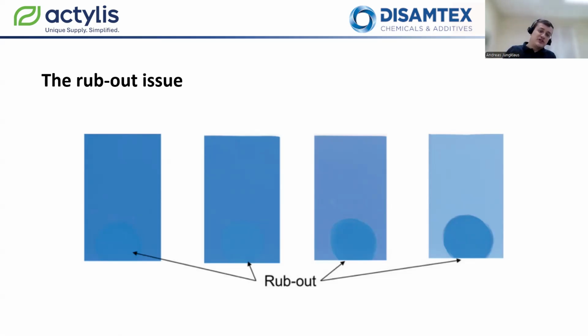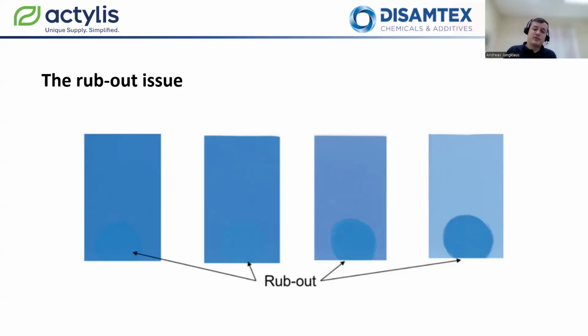And if the original formulation lacks sufficient wetting agent, the rubbed area will show a noticeable color or gloss difference compared to the untouched area. And this occurs because poorly wetted pigment particles are more uniformly distributed after rubbing.